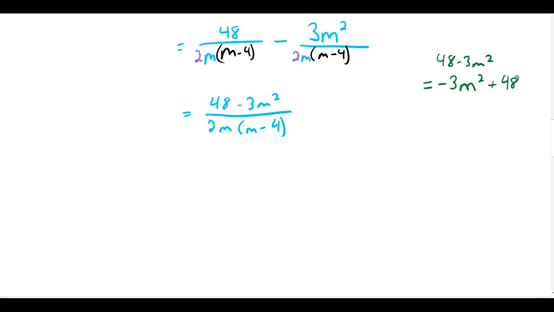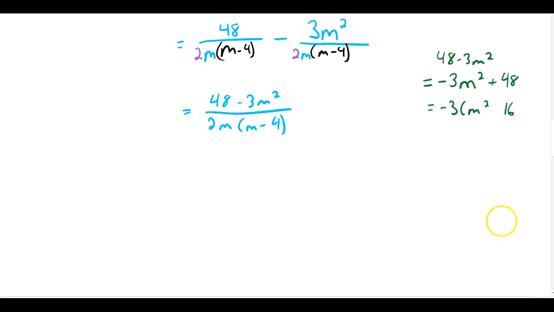Notice I left the signs for each individual one in the same place. For these, I can take out a greatest common factor of a negative 3, leaving me with an m squared minus 16.